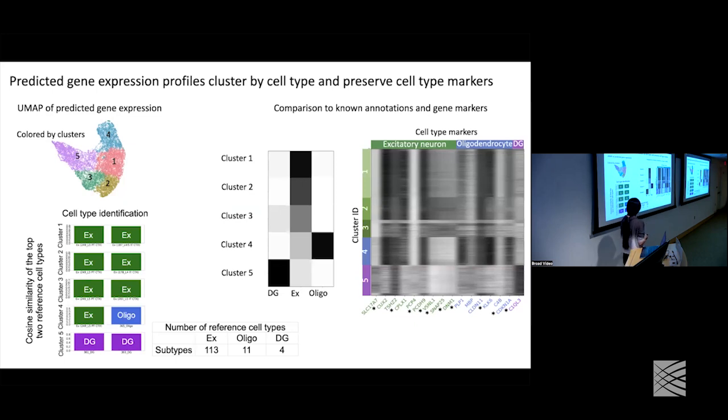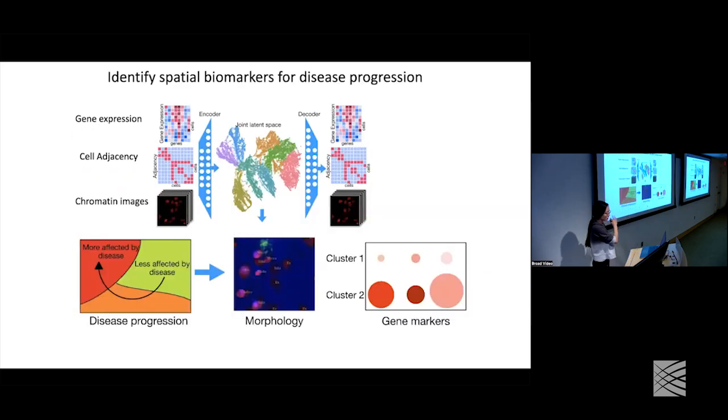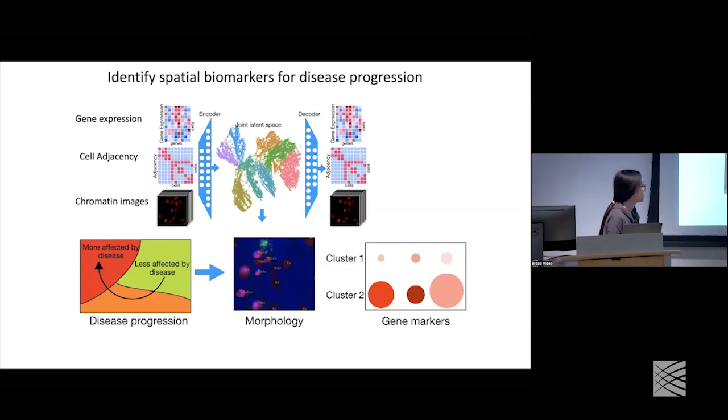And the cell type marker identification recovers the genes that are known to be the markers of excitatory neurons, oligodendrocytes, and DG, which correspond to the 5 clusters of this predicted gene expression of cells. So that showed us that the chromatin image is very informative.